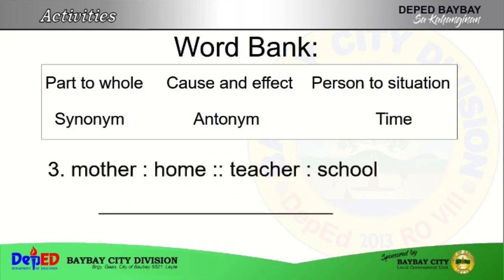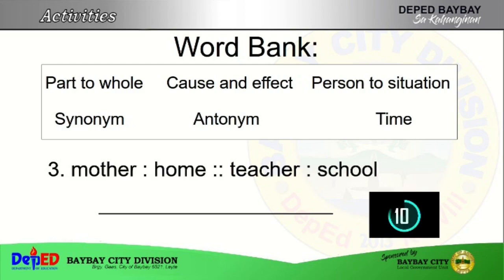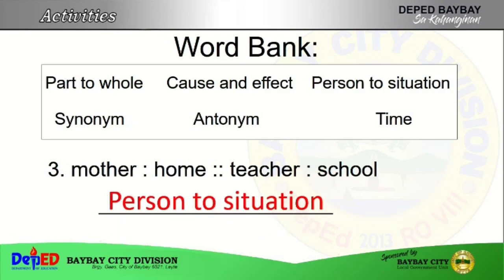Number 3. Mother is to home as teacher is to school. What type of analogy is expressed in the words given? The correct answer is person to situation.